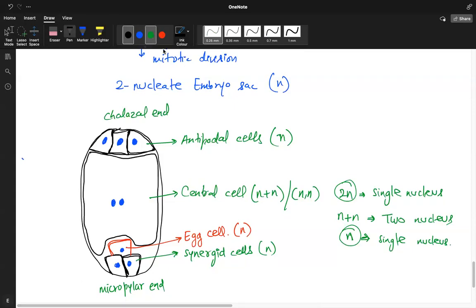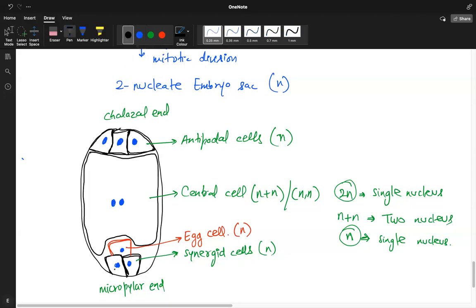And towards the micropylar end, just in front of the synergid cells, there are some projections. If you ask me biologically where they come from, these projections are actually thickenings present on the synergid cell only. So this synergid cell has some thickenings at the micropylar end.